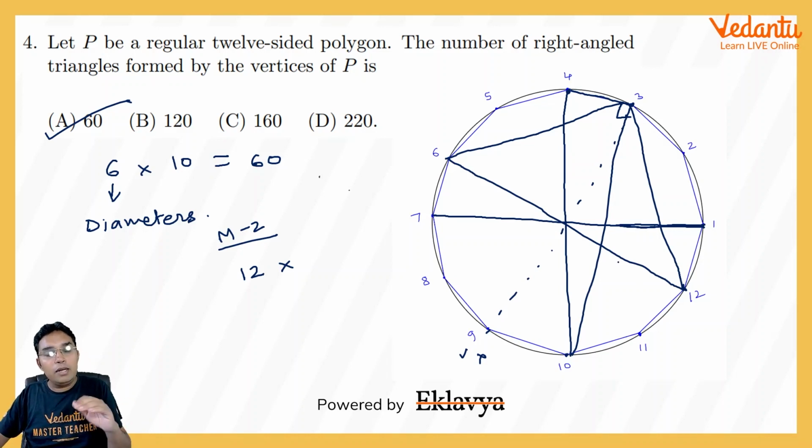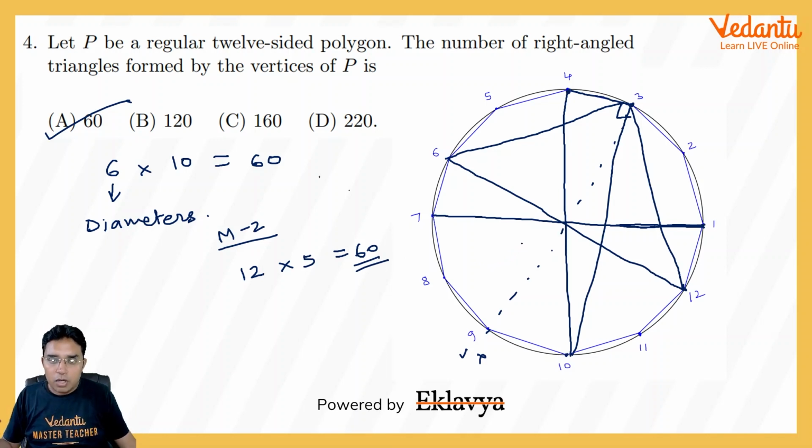So you are having 10 vertices from which we will be having 5 pairs of vertices which are diametrically opposite. From these 5 we can choose any one of them and we will get a right angle triangle. So it is also giving us the answer 60. I think both of them are easy. It is just how you approach it at first sight, but it is easy in any sense.